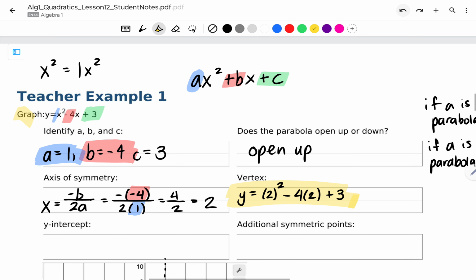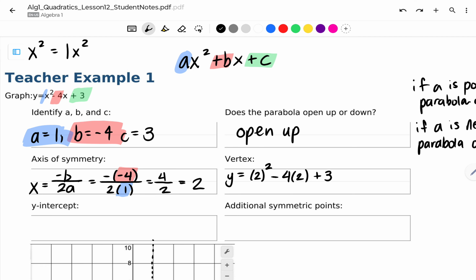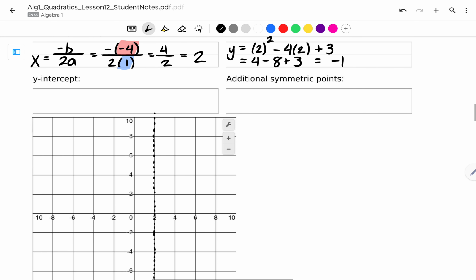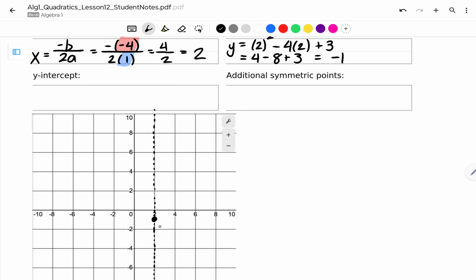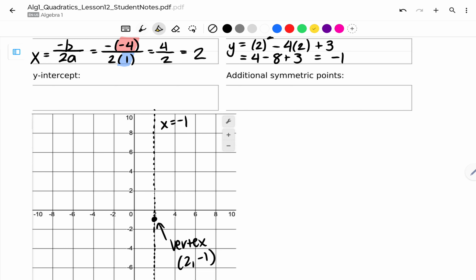I didn't just pull that out of nowhere. 2 squared is 4. 4 times 2 is 8. 4 minus 8 plus 3. 4 minus 8 is negative 4 plus 3. That's negative 1. So when x is 2, our y is negative 1. So at this point right here, that's our vertex, 2 and negative 1. And this is your line, axis of symmetry, x equals 2.